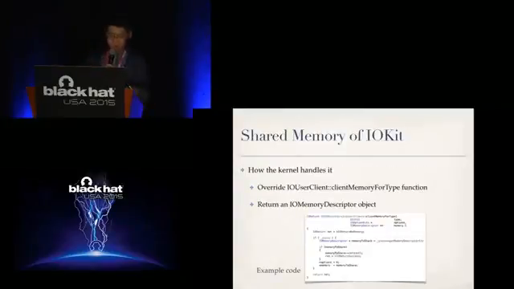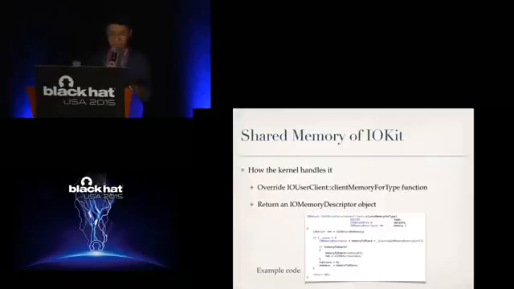Let's see how the kernel handles this. If an IOKit driver wants to share memory with user space applications, it needs to override the function clientMemoryForType. This is a simple example code for the HID event service user client. All it does is return an IOMemoryDescriptor object. Then the kernel will know which memory should be mapped into user space.